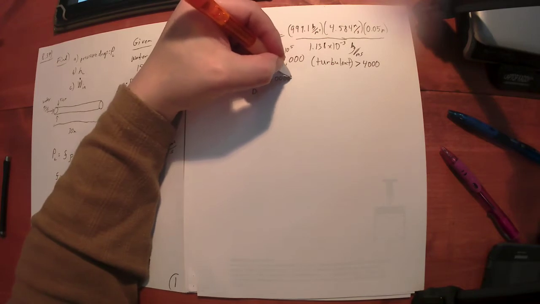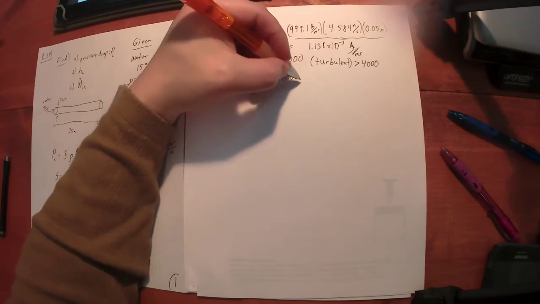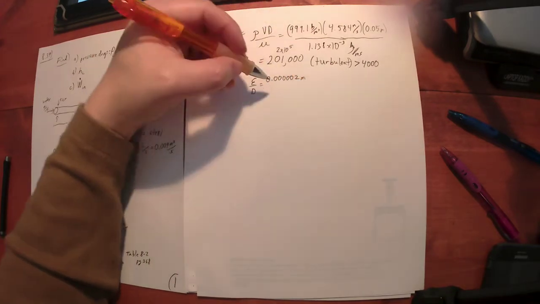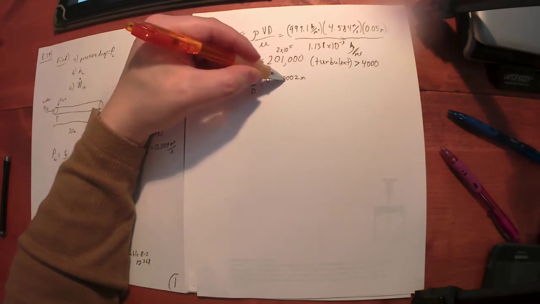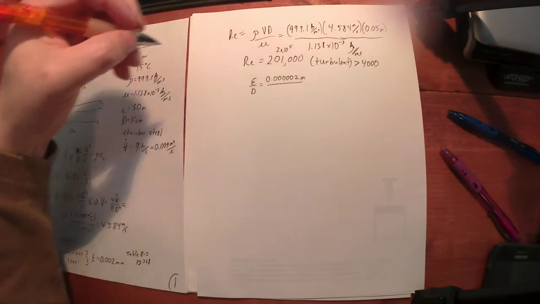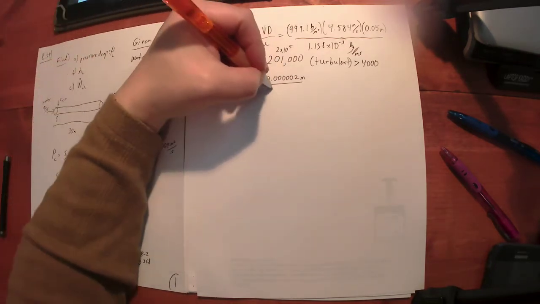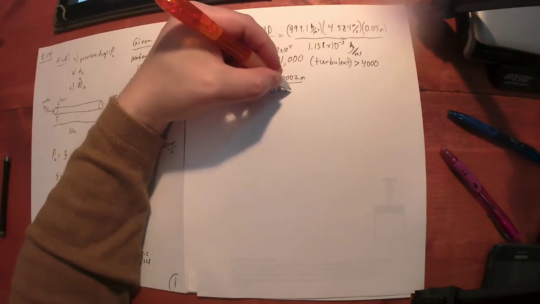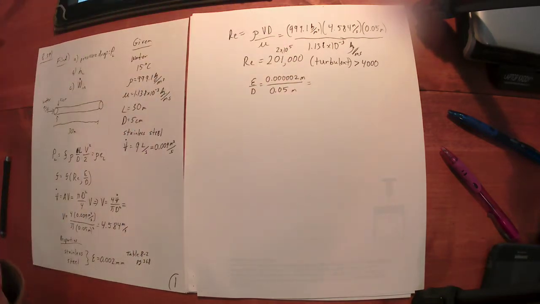I need that in meters, so that's 0.000002 meters, divided by 0.05 meters, to give me my epsilon over d value.